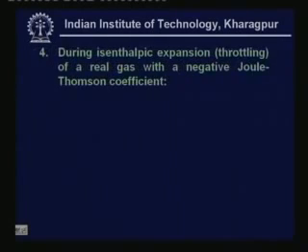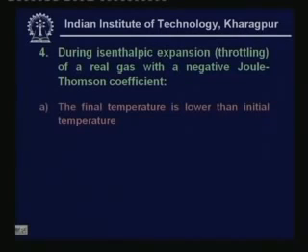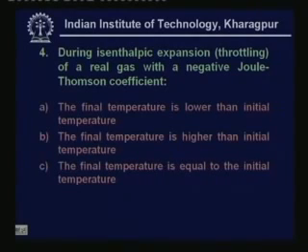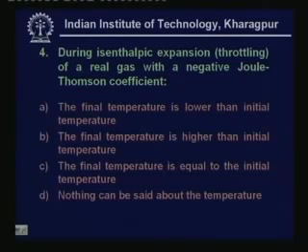And fourth problem is, during isenthalpic expansion of a real gas with negative Joule-Thomson coefficient, the final temperature is lower than initial temperature, the final temperature is higher than initial temperature, the final temperature is equal to the initial temperature, and finally nothing can be said about the temperature.